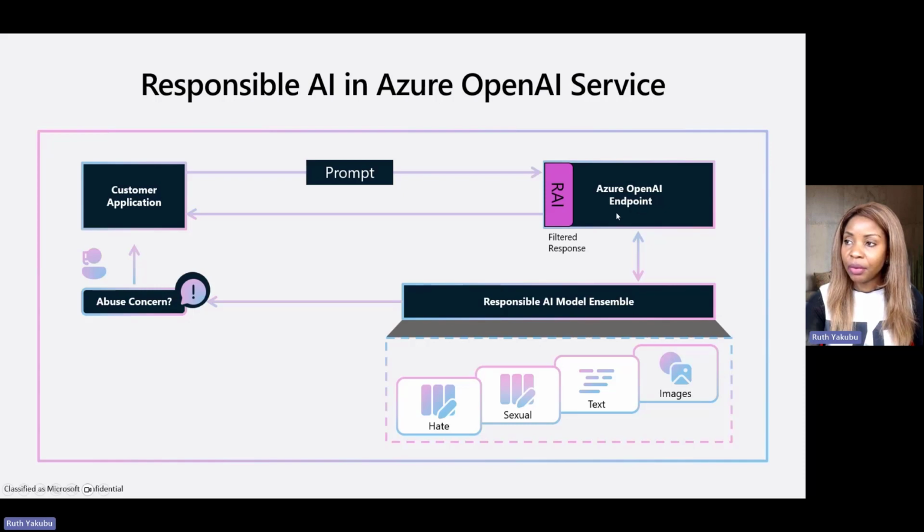So what is going on is, when you integrate Azure Content Safety with OpenAI, first it will check the prompt and see if it detects anything wrong. If it detects anything wrong, it sends back a message about an abuse concern to the end user.